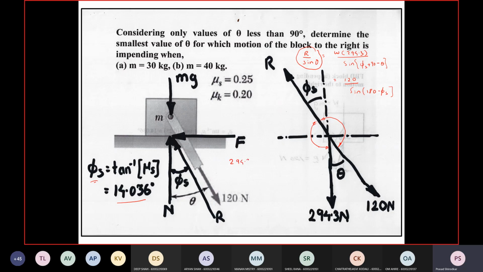It is 294.3 divided by sine of phi s, so phi s I will substitute as 14.036, equal to 120 divided by sine of 14.036 plus 180 minus theta.